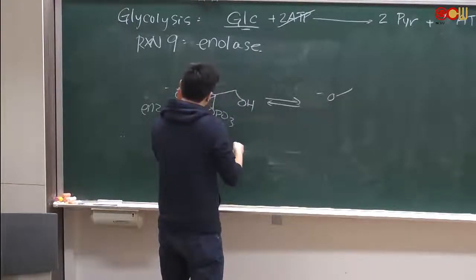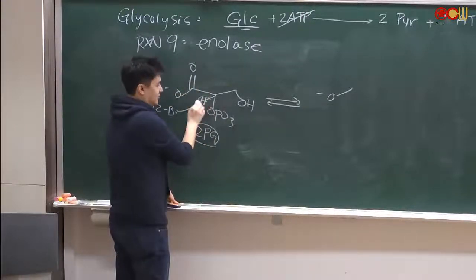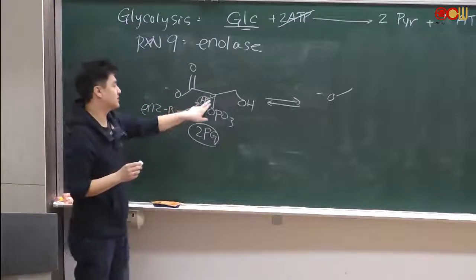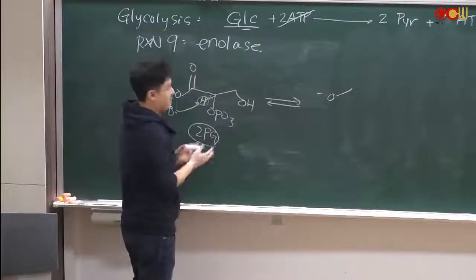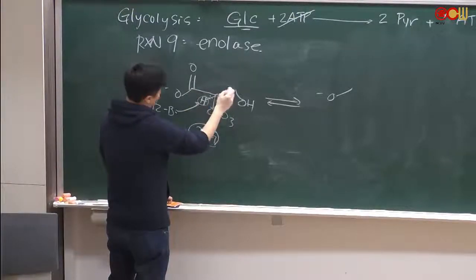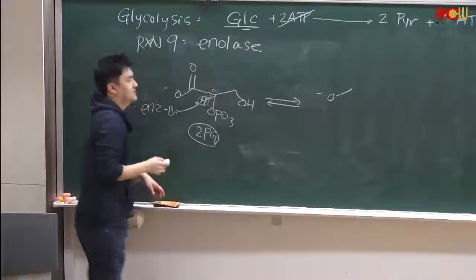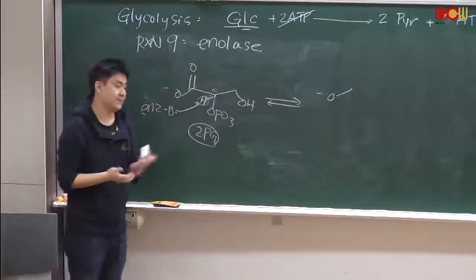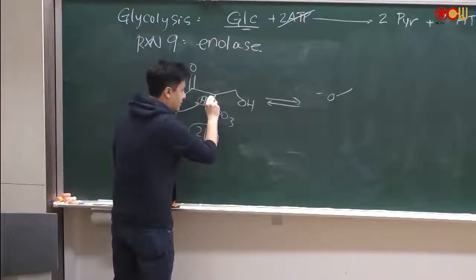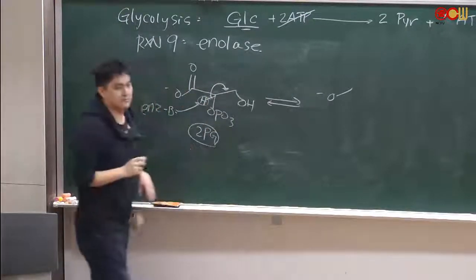When you pull this proton away, these two electrons are going to go somewhere. It can form a new bond here, or it can stay on the carbon to form a carbanion. In short, it's going to go and form a new bond here.